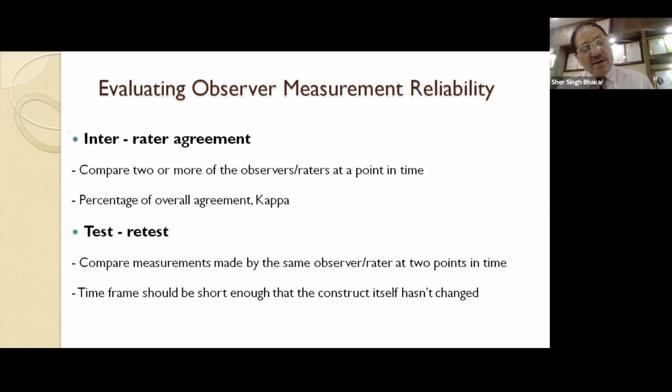So therefore, the responses on each statement should be closer to the responses on all the other statements in that questionnaire. That means there should be a high correlation between the statements to indicate that the statements are measuring the same variable.